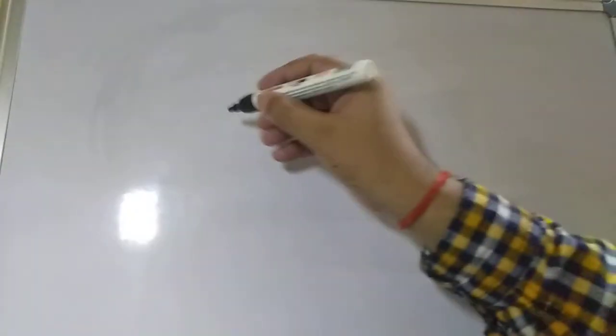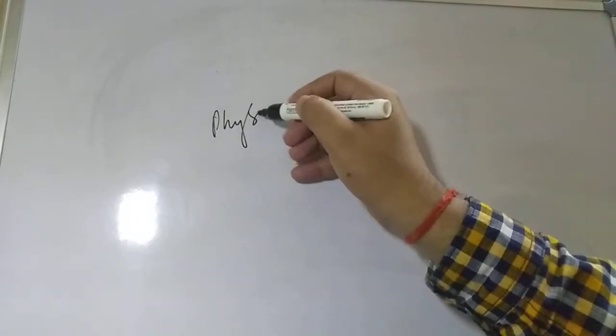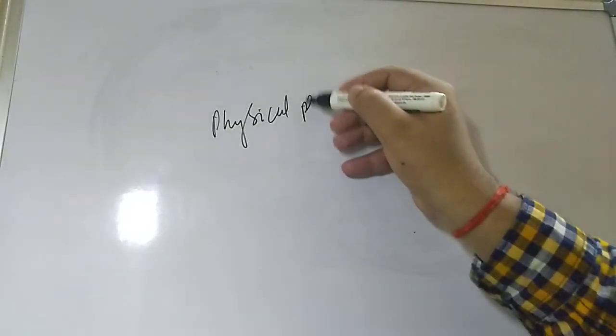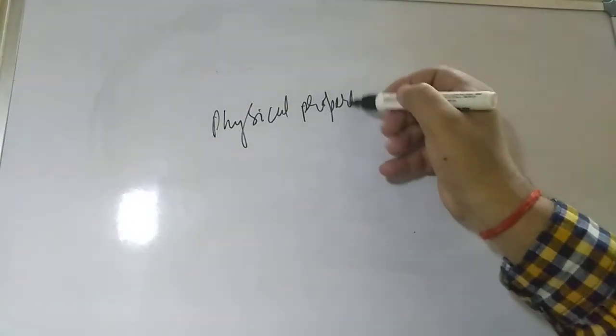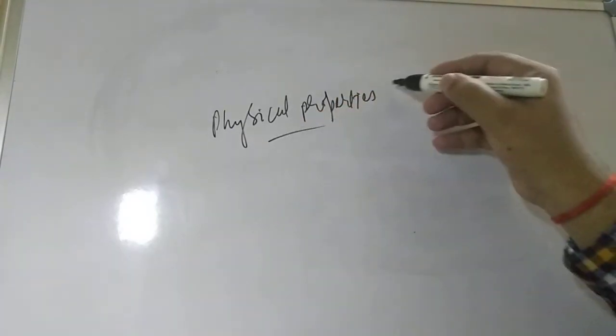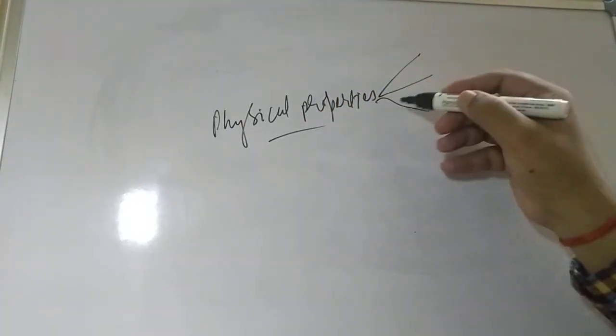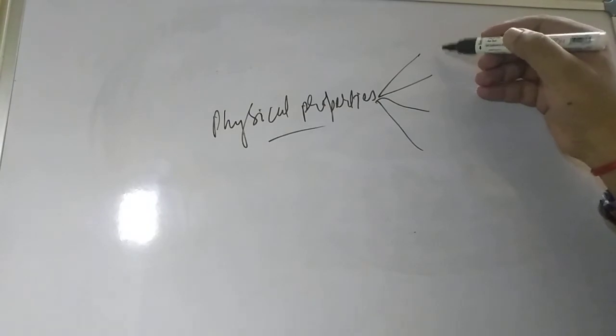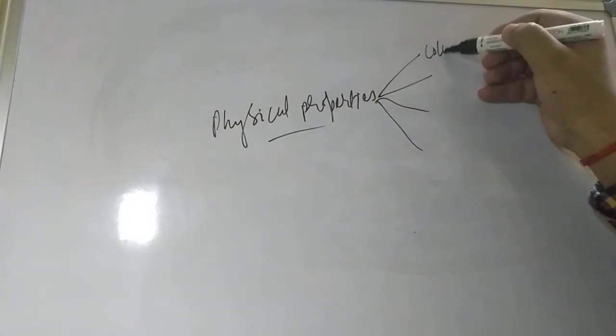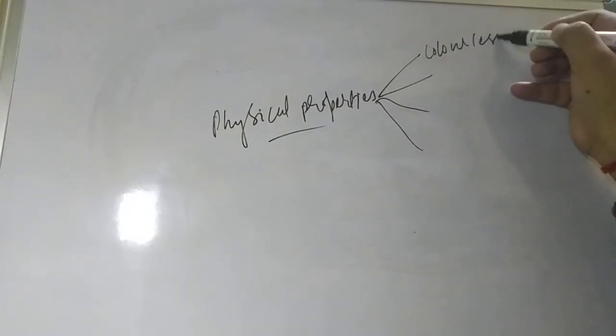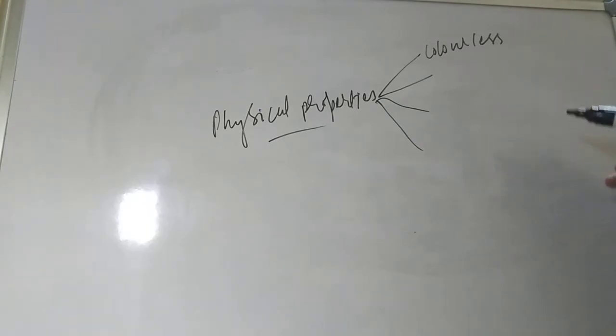Firstly, let us study the physical properties. In physical properties, no new product forms. The first one is that it is a colorless gas; in the gaseous state it is colorless. Secondly, it has a pungent odor.